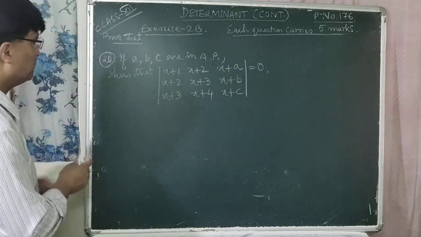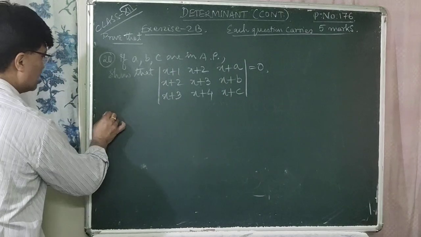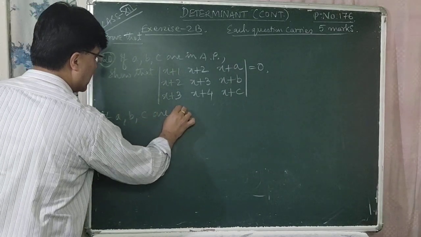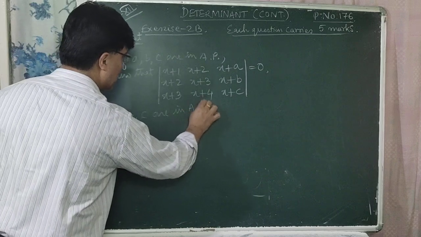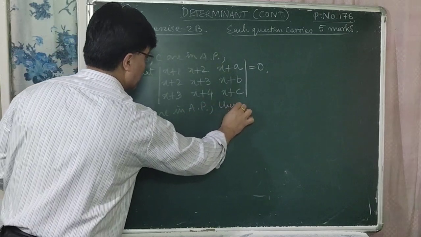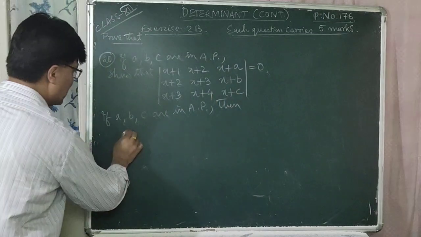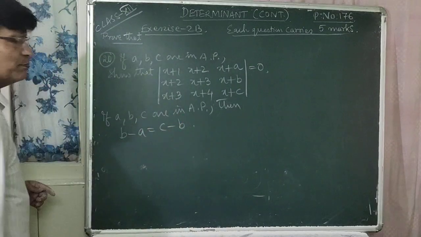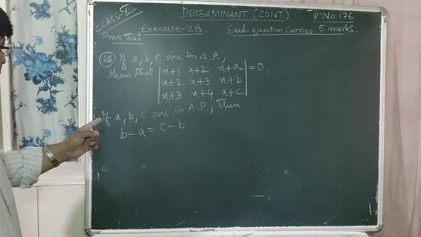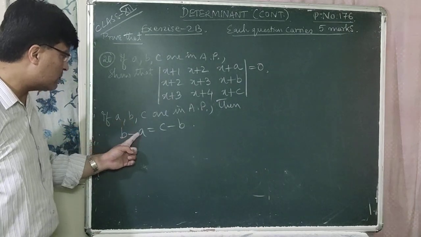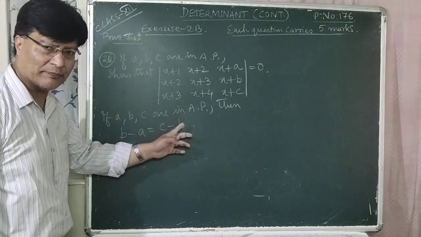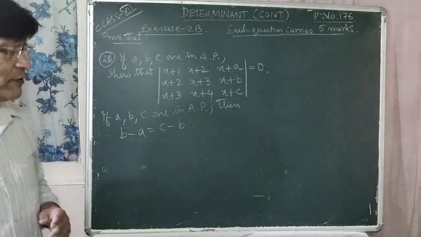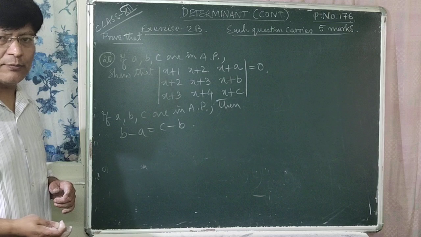If A, B, C are in AP, then B minus A is equal to C minus B. Is that clear? That is the common difference in case of arithmetic progression.